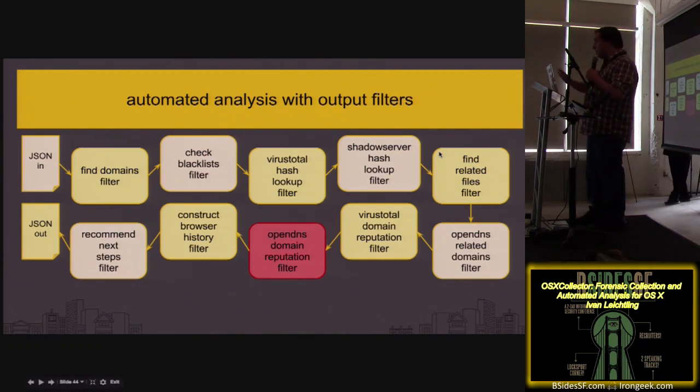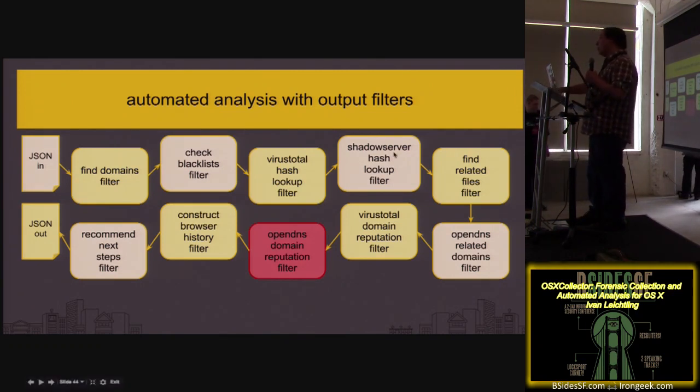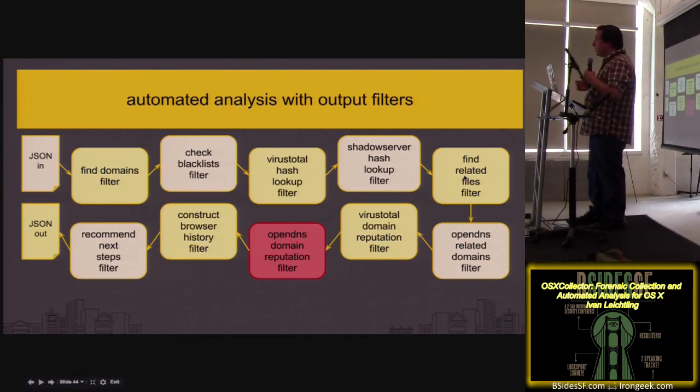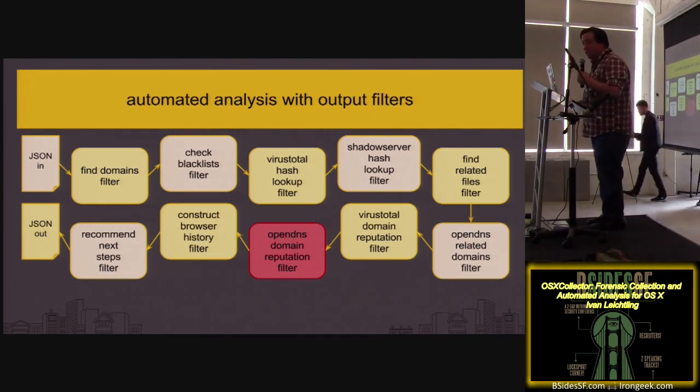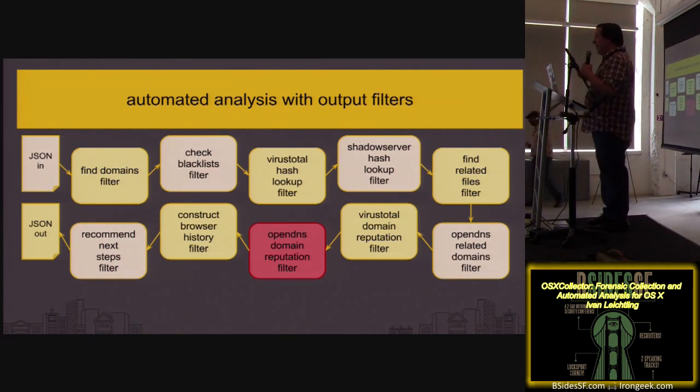A lot of these filters, we try to figure out, some filters are winnowing down information, like the Shadow Server filter for good hashes. We get rid of a lot of information, and others are trying to increase what we can look at. So we have a filter for finding stuff related to files. If you start out with a file, you know there's a bad file on the disk, like, hey, I didn't want that file to be there. Then we want to look and say, given this file name, can I find anything else related to this?